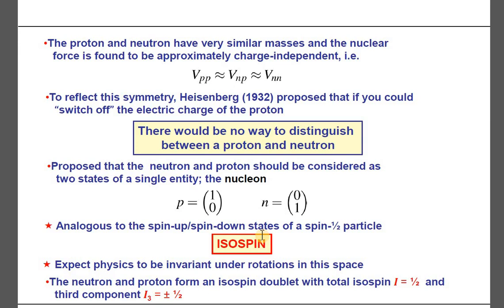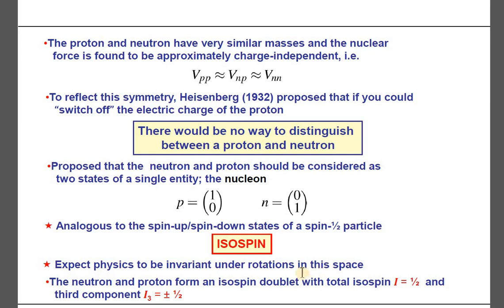Note that there is no change in its properties so far as the strong interactions are concerned. And this is what is meant by isospin invariance or rotational invariance in isospin space. Thus, we expect the physics to be invariant under the rotations in this space.